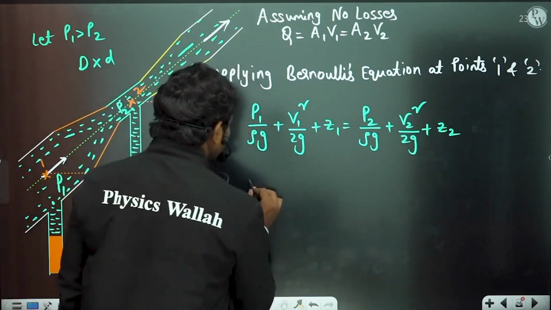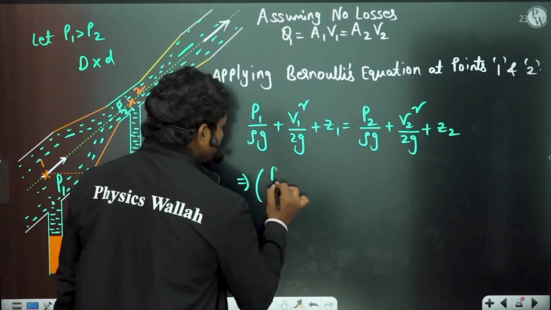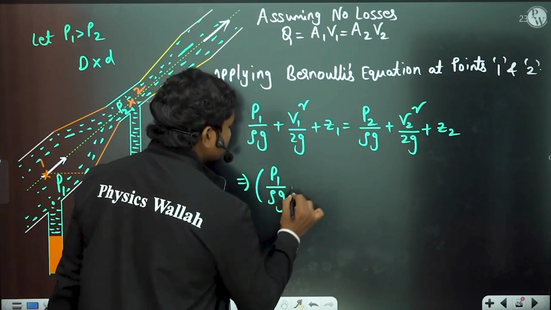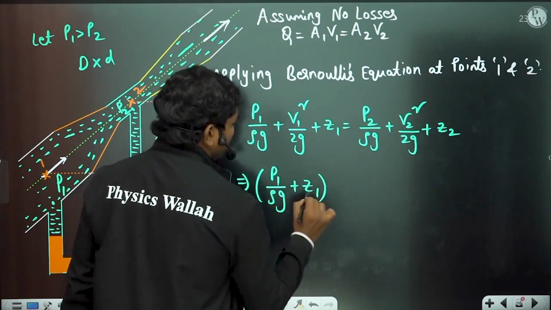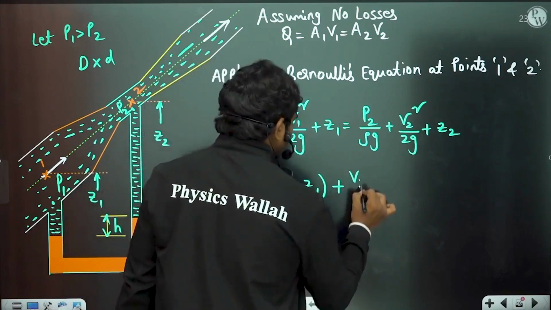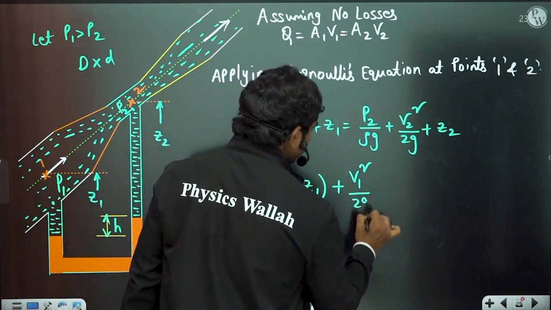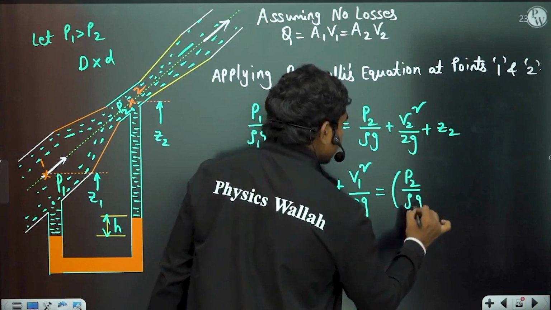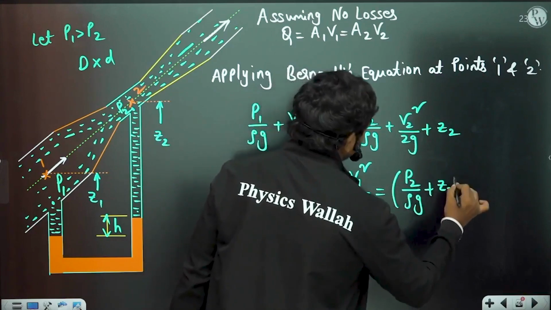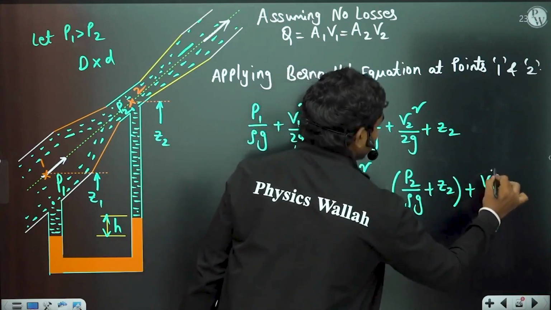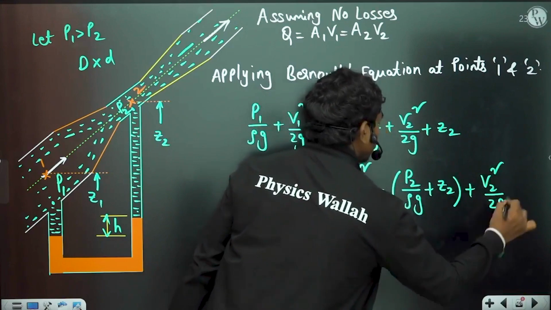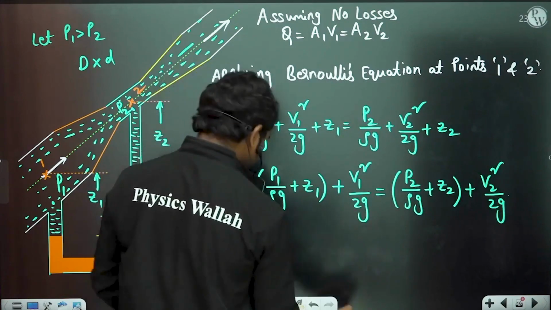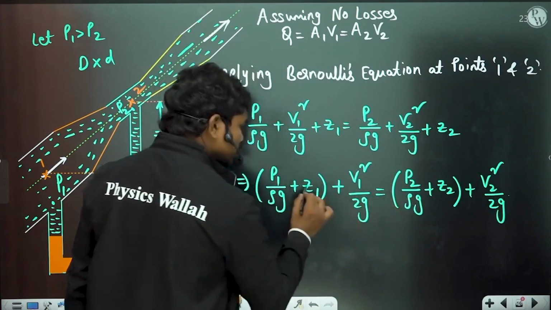Now how to convert this? Here we write p1 by rho g plus z1 plus v1 square by 2g is equal to p2 by rho g plus z2 plus v2 square by 2g. These heads are due to static pressure plus the datum.